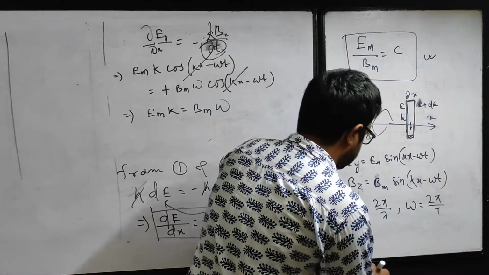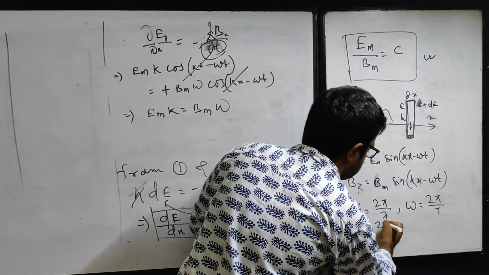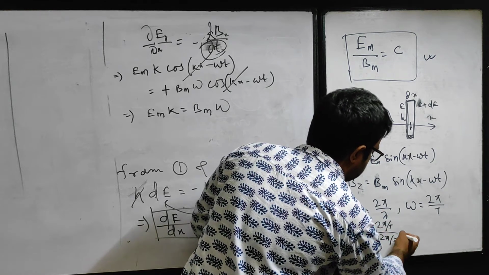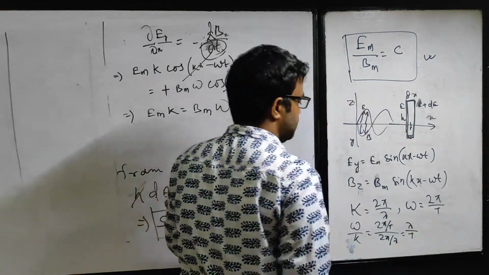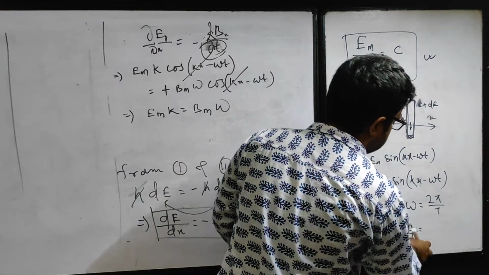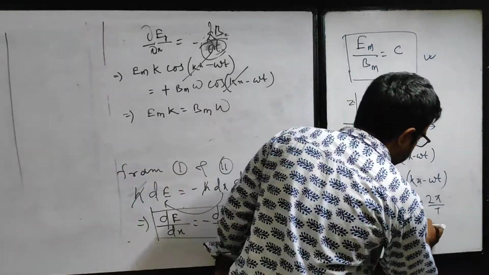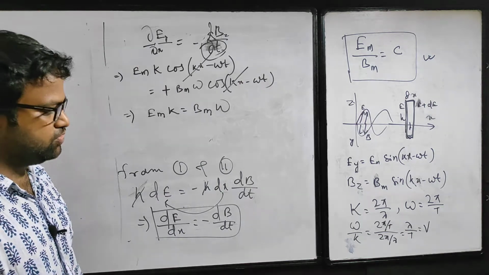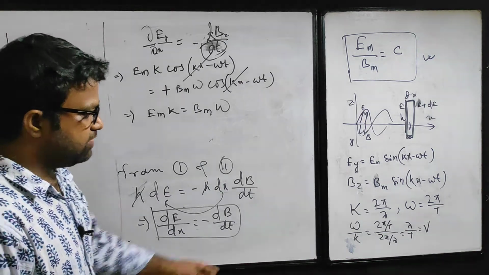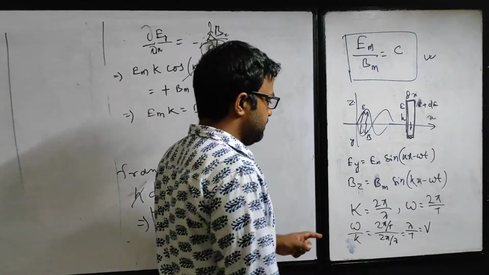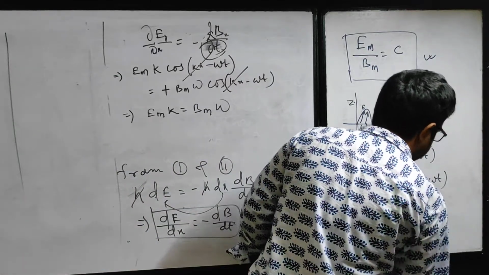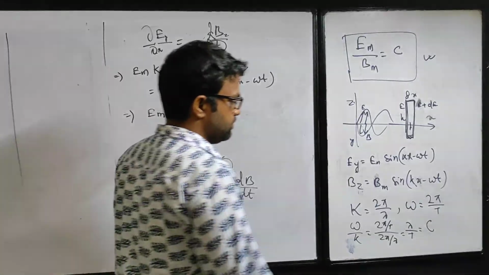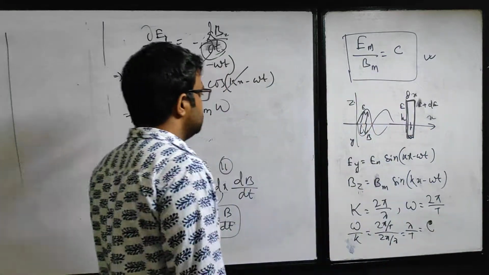Just divide: this is 2 pi by T and k is 2 pi by lambda, so it is lambda by T. Lambda is a distance and T is a time, so dimensionally this will be your velocity V. So omega by k is your velocity, and here the velocity is C, the speed of light.